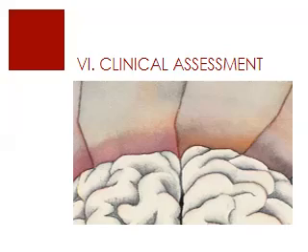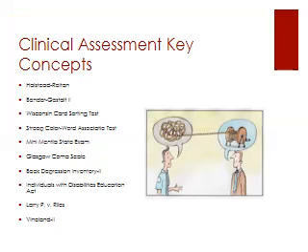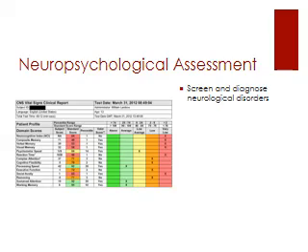Okay, clinical assessment. There are a number of scales that you can use for clinical assessment. So neuropsychological assessments are used to diagnose neurological disorders, and they're often comprehensive batteries.